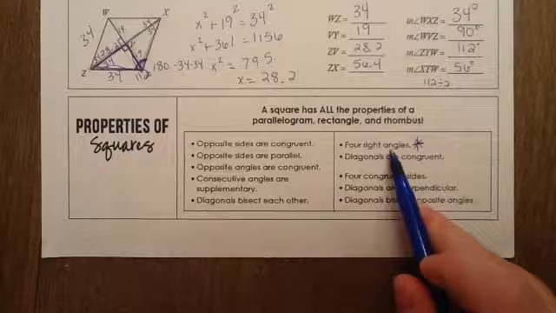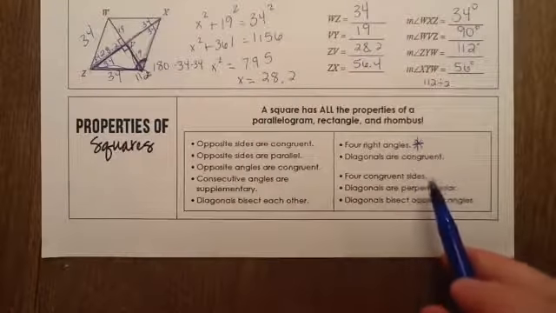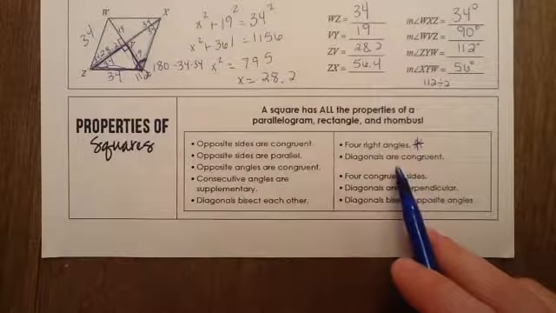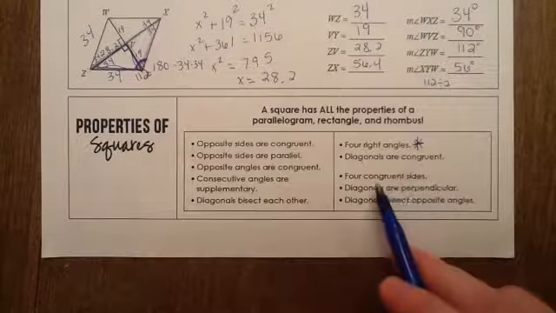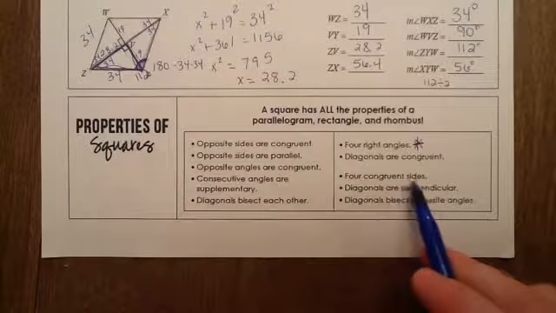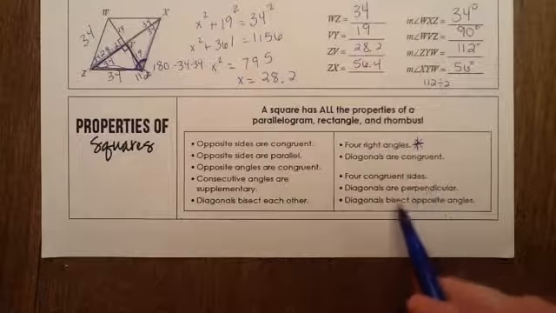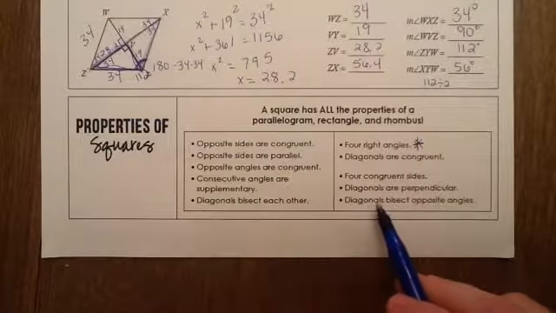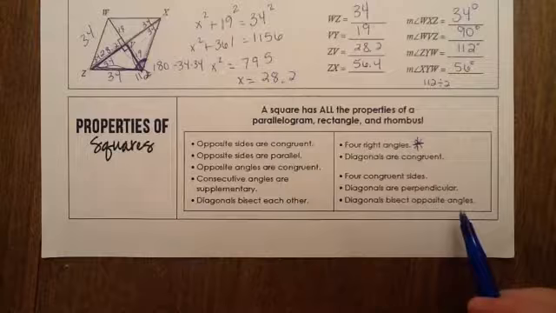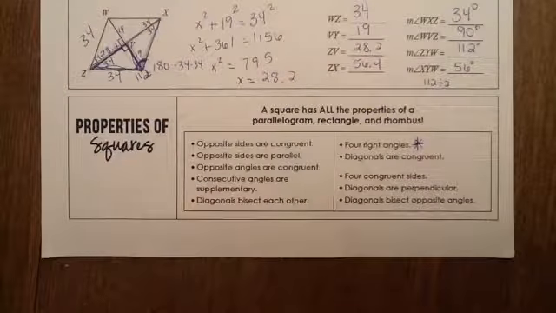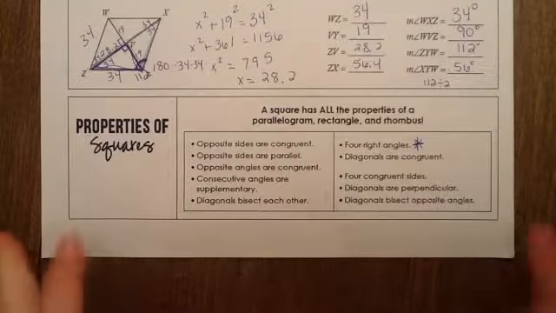The corners are right angles. Still, the diagonals are congruent, like a rhombus. There are 4 congruent sides like a rhombus. Diagonals are perpendicular, and diagonals bisect opposite angles. Okay? So we're going to use all of that to find squares.